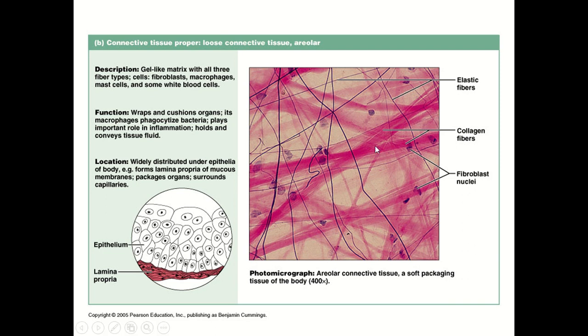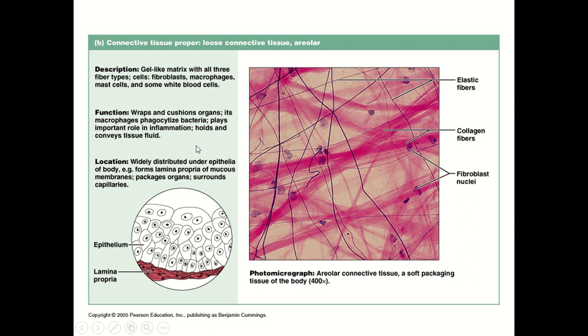It functions to wrap the important organs and also acts as a cushion for the organs. Meanwhile, its macrophages help to phagocytize bacteria and play a very important role in inflammation, and areolar tissue also holds and conveys tissue fluid.